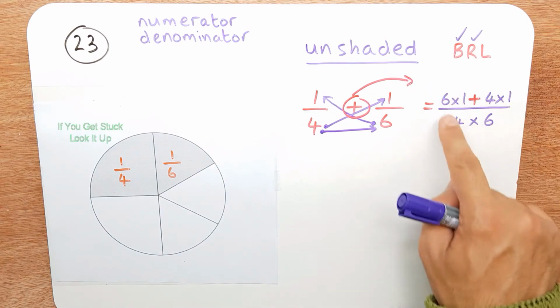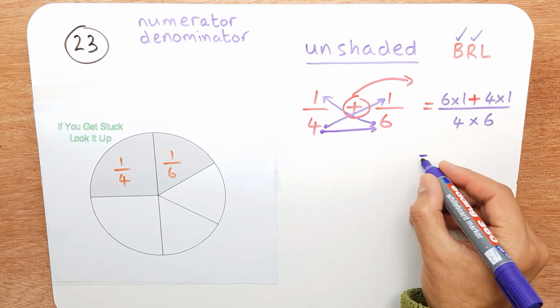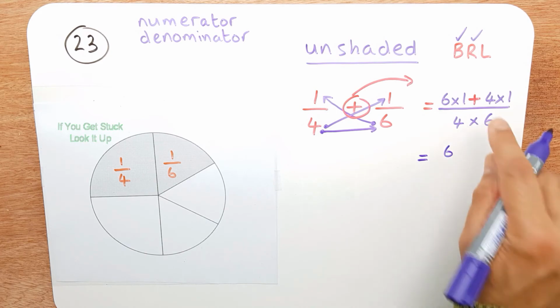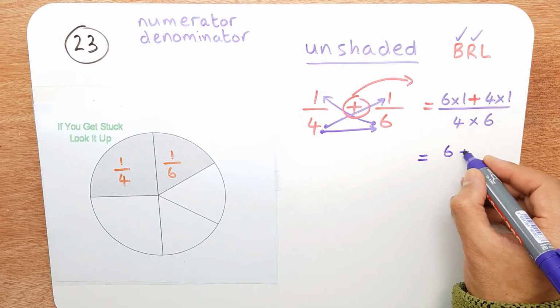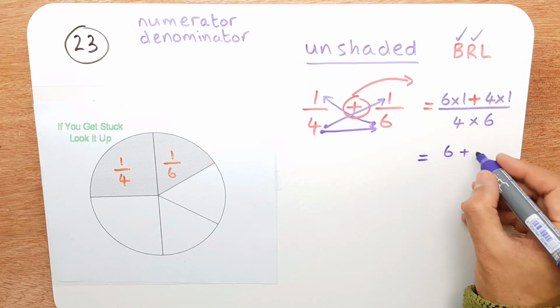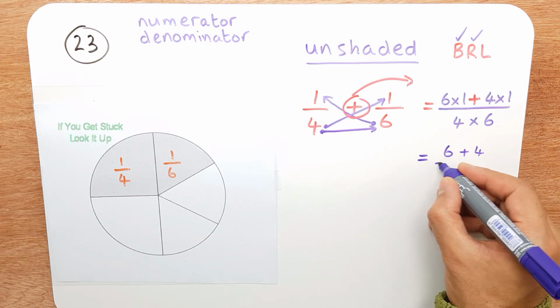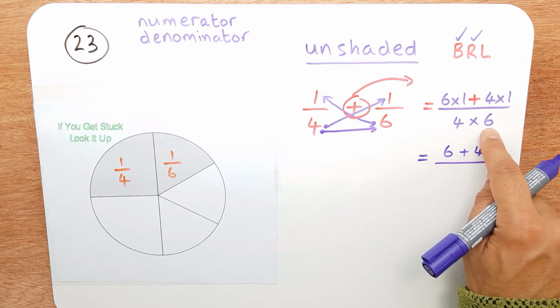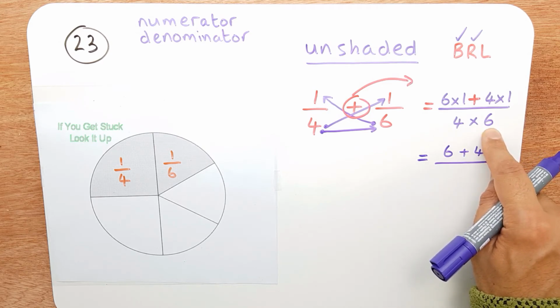So now this is our fraction. Let's try to work that out. 6 times 1 is 6 plus 4 times 1, which is 4, all over. Now 4 times 6, this is where you need to know your times tables.